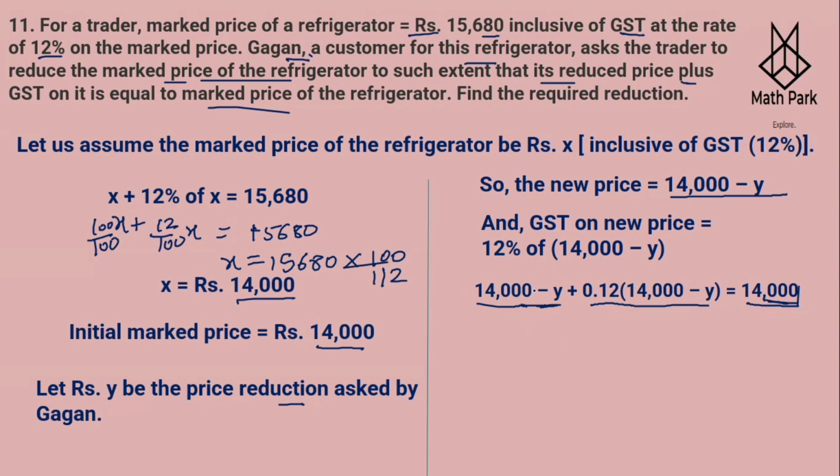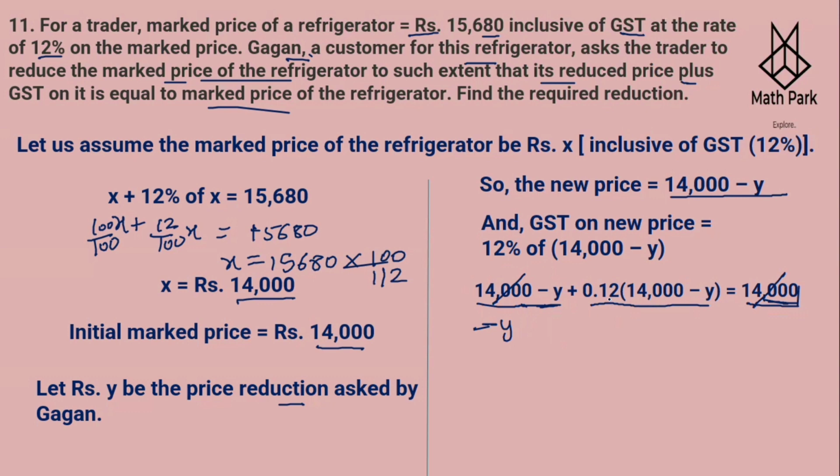So when you simplify this, the 14,000 on both ends is going to get cancelled. 14,000 comes here, subtract. So we have minus Y, that is 1Y. So we have minus Y, okay, plus 0.12 times 14,000.